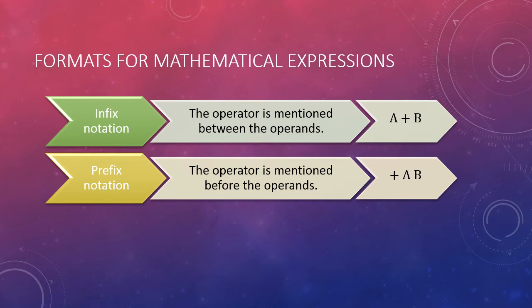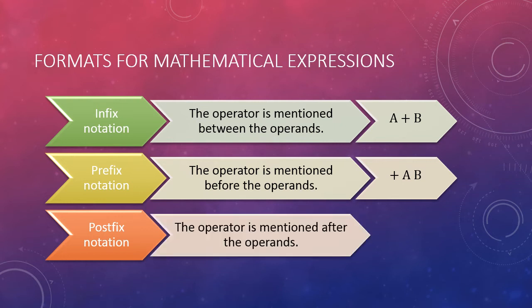The operator, then the first operand, then the second operand. Then there is another format known as the postfix notation. Yes, you guessed right. Here, the operator is mentioned after the operands.